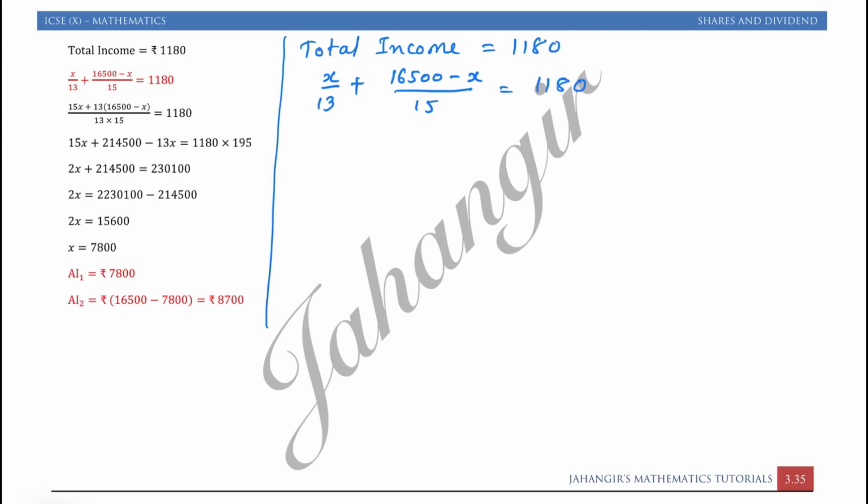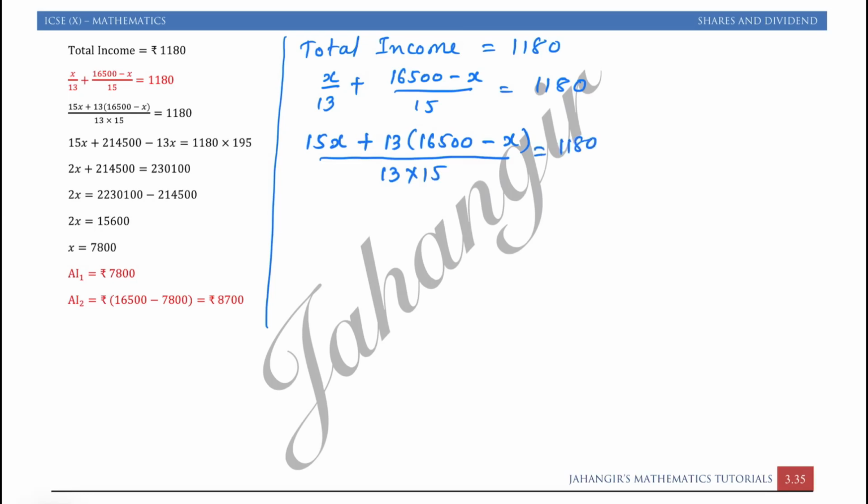Now we will cross multiply. This is basic fraction solving. Take LCM. This 15 will go here, this 13 will go here. 15x plus 13 bracket 16,500 minus X whole upon 13 into 15 is equal to 1180.